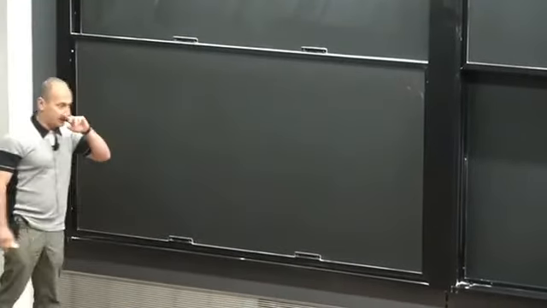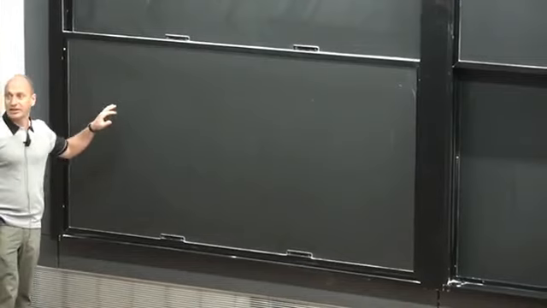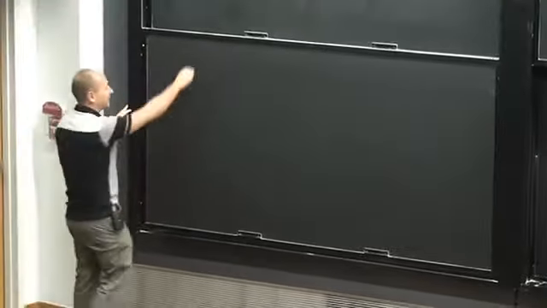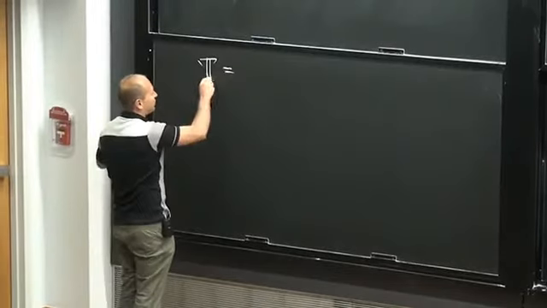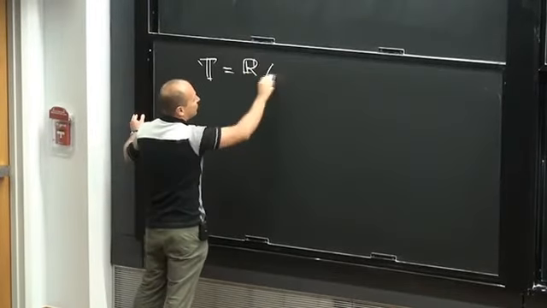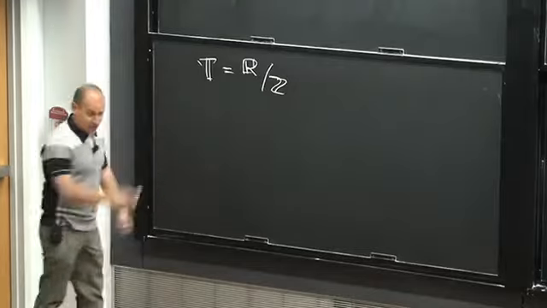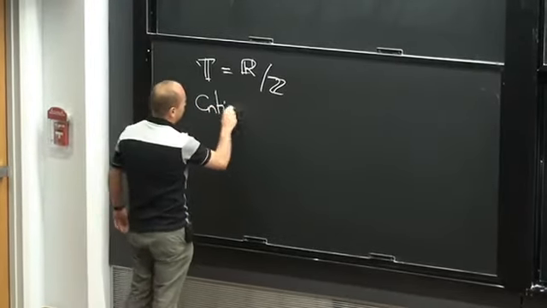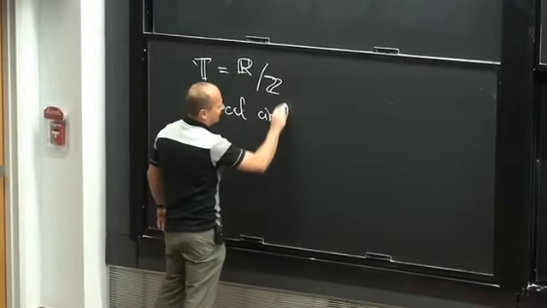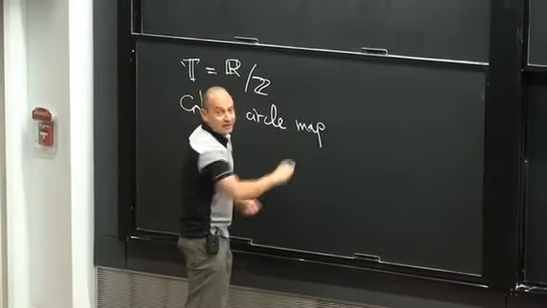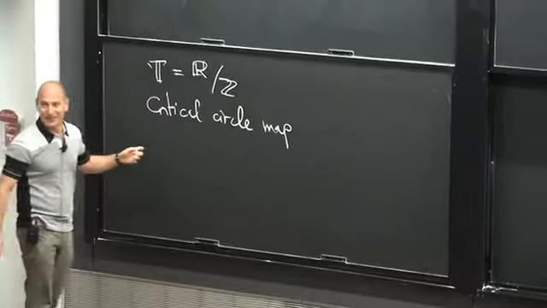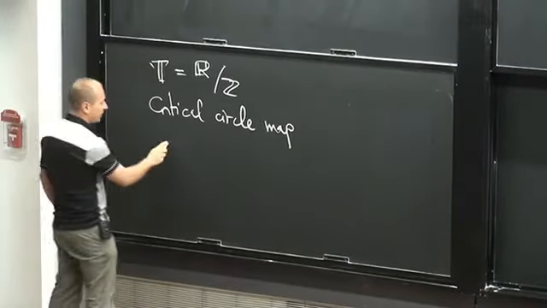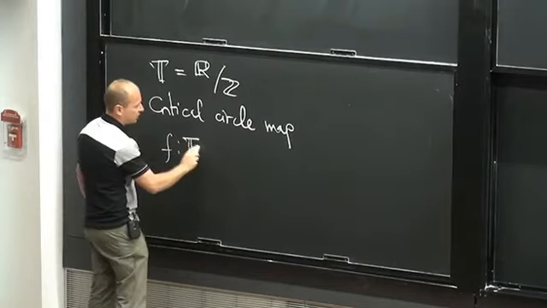Always in the setting, before I can define the critical circle map, I have to define the circle. So the circle is, for the duration of this talk, the affine manifold, the quotient of R mod Z. A critical circle map will be a homeomorphism of the circle.